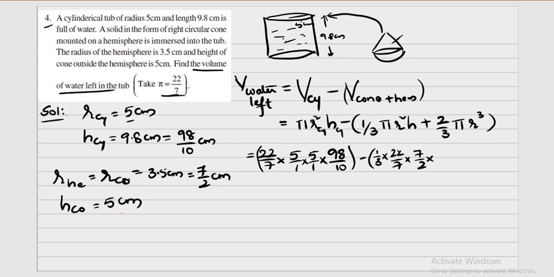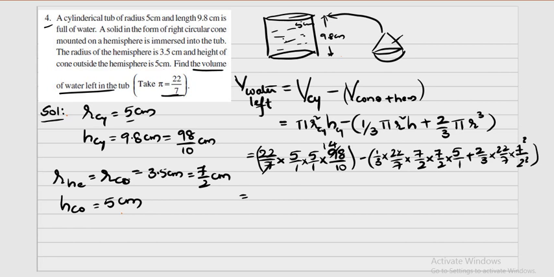Radius of cone is 7/2 into 7/2 into height of cone 5/1, plus 2/3 into 22/7 into 7 cube by 2 cube. So from this what am I going to get? In 7 table, 7 ones are 7. Next 2 is left, so 7 fours are 28. So I get 22 into 5 into 5 into 14.